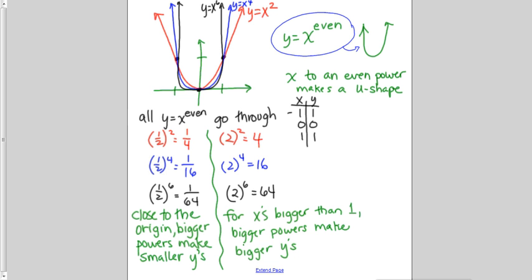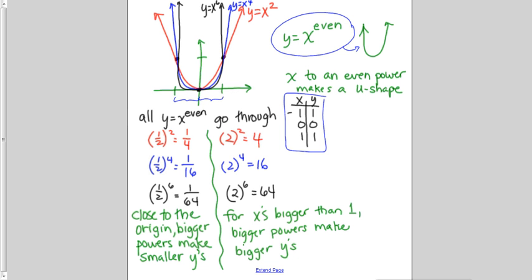All of these are going to go through this same initial set of points. 0 to a power is 0, 1 to a power is 1, negative 1 to an even power is 1. So all of these x to an even powers will go through the same spot, but they make a little difference in between.